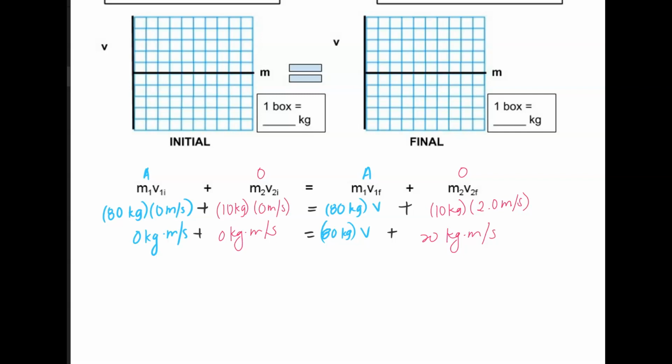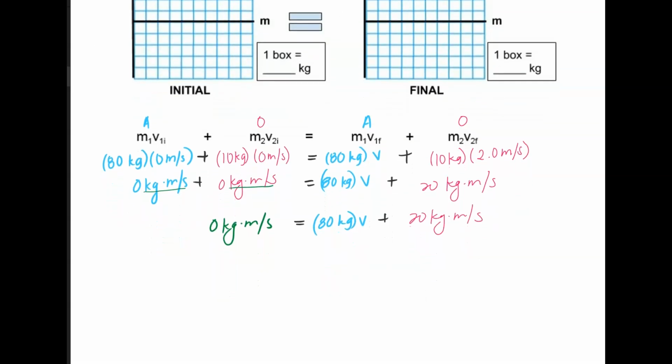So from here, we can combine like terms. These are like terms, and they all combine to be 0 kilograms times meters per second is equal to 80 kilograms times velocity plus 20 kilograms times meters per second.